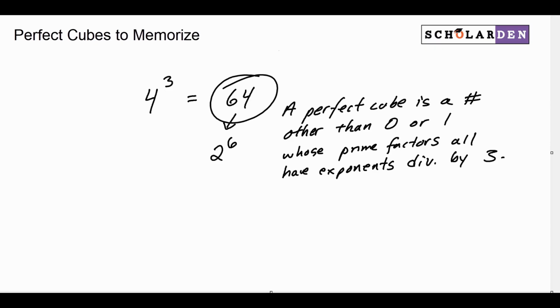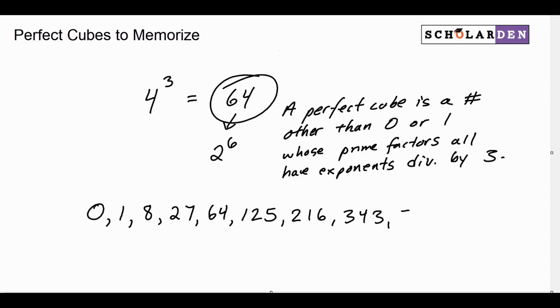So this is going to be 0 to the third, 1 to the third, 2 to the third, etc. And those numbers are 0 to the third is 0, 1 to the third is 1, 2 to the third is 8, 3 to the third is 27, 4 to the third is 64, 5 to the third is 125, 6 to the third is 216, 7 to the third is 343, 8 to the third is 512, 9 to the third is 729, and 10 to the third is 1000.